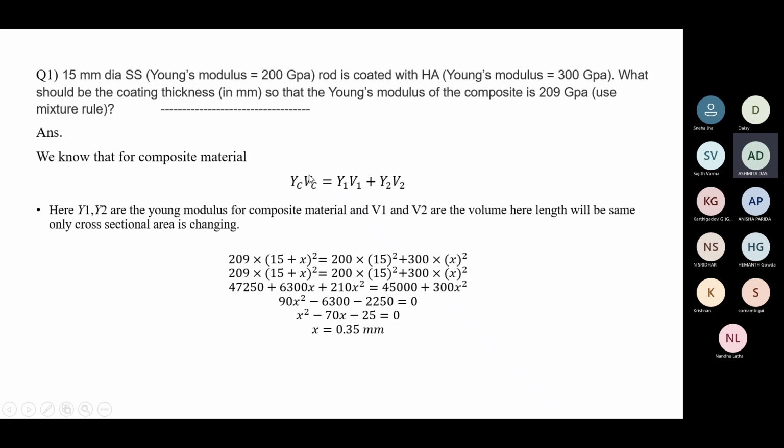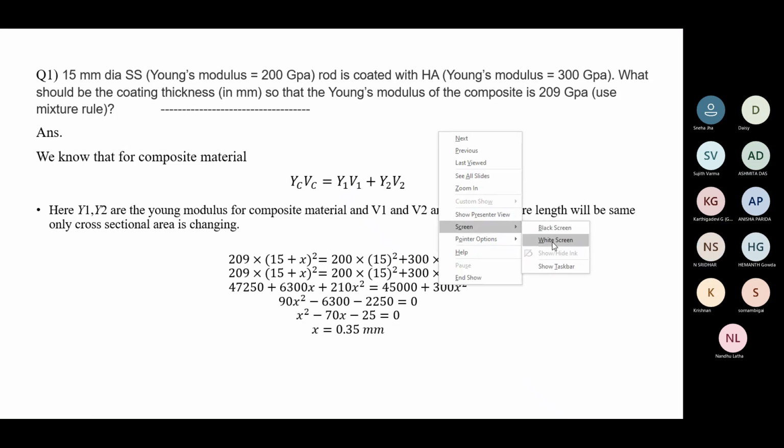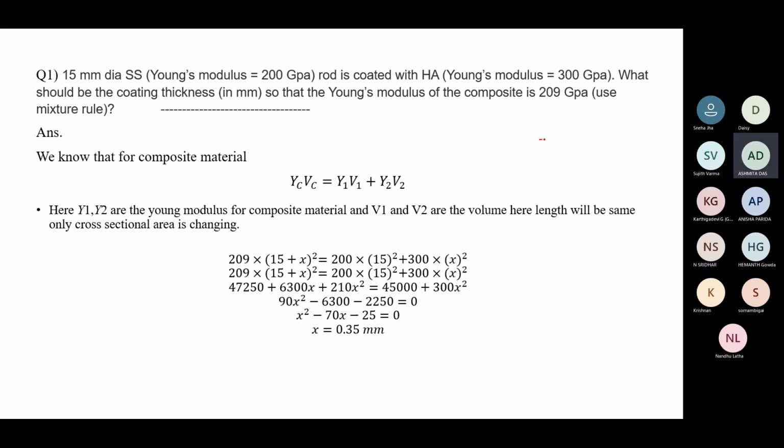Now in this case, as it's just a coating, suppose this is a rod and we are given a coating on top of it.